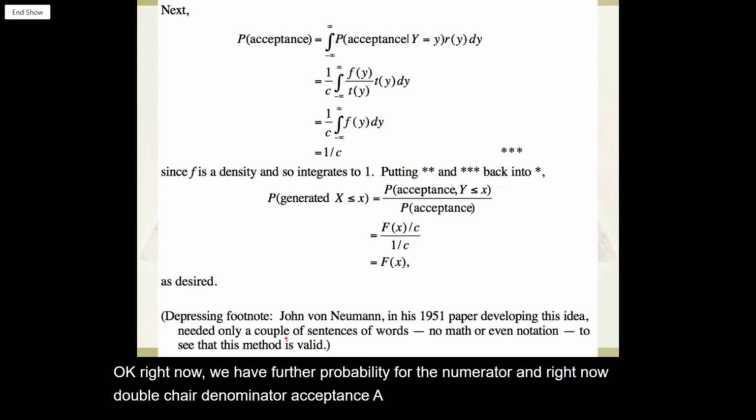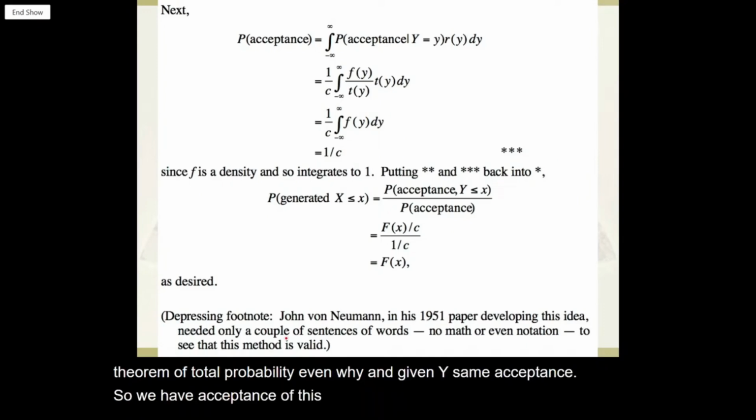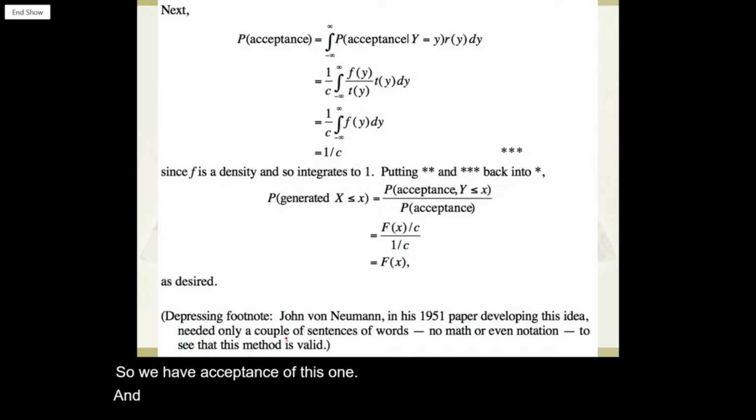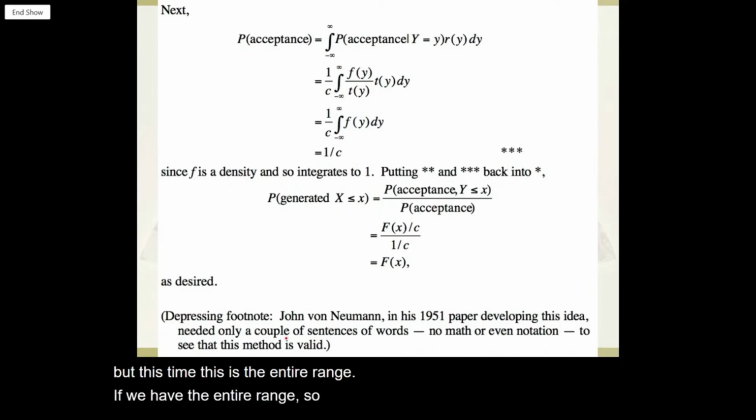We can use the theorem of total probability given Y. Given Y, same acceptance, and here this is T over C. Likewise, we have the result. Cancel and cancel, but this time, this is the entire range. If we have the entire range, it's 1 over C. So we have the result, the probability of acceptance.